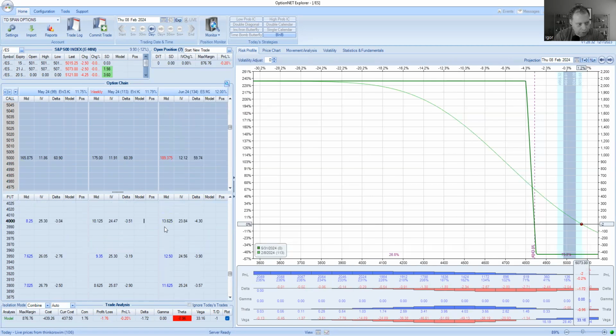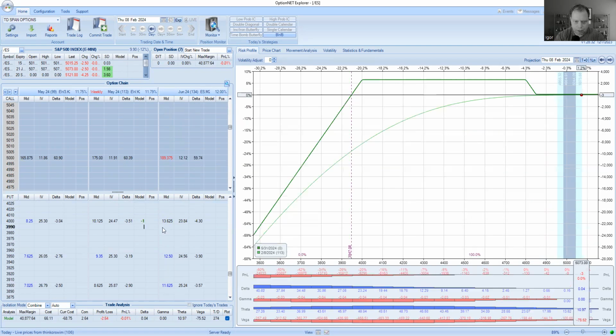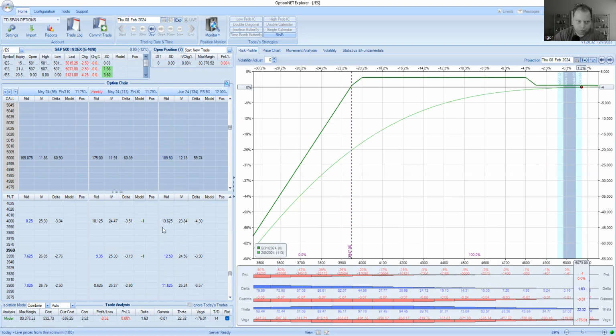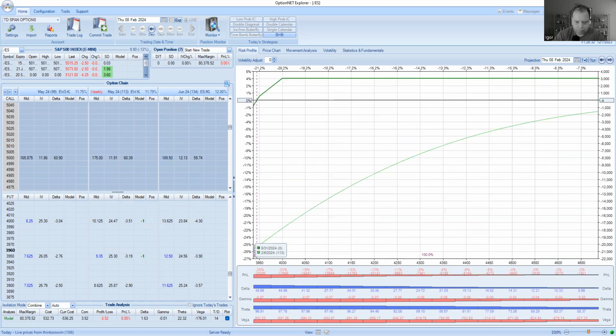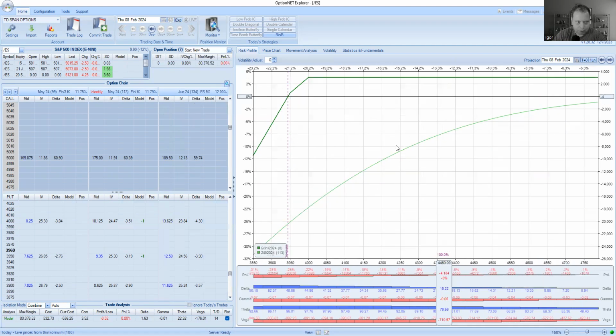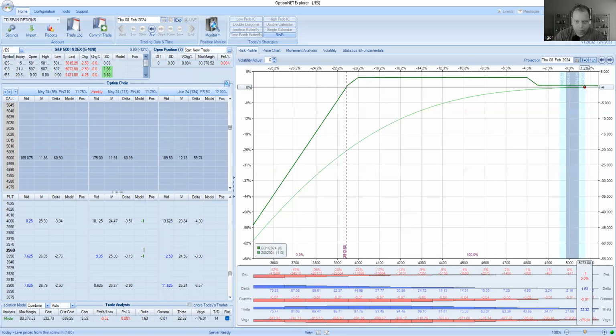And what I ended up doing by mistake, I sold one 4,000 put, and then I sold one 39.50 put. So my two is not on the same strike, but spread between two strikes that are next to one another.